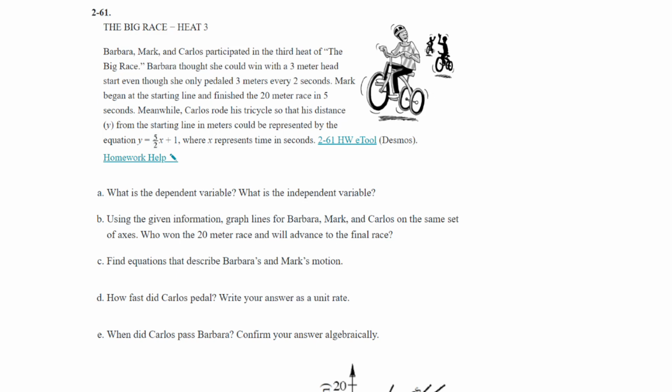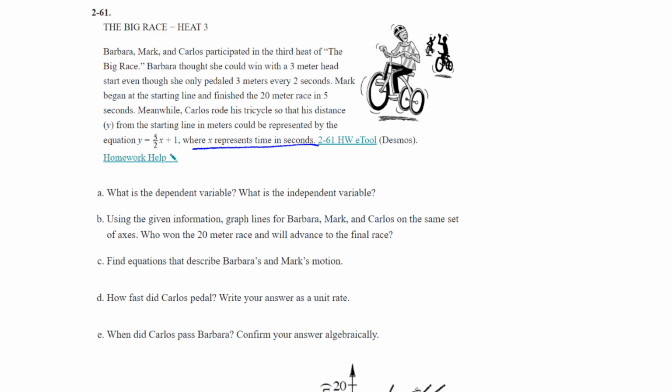So you're given all three of the contestants or participants in their race. So you have all the information for Barbara, Mark, and Carlos. Part A, what is the dependent variable? What is the independent variable? So remember, the dependent variable is your output or your y, and the independent variable is your x. And right here, as we read, it said x represents the time in seconds.